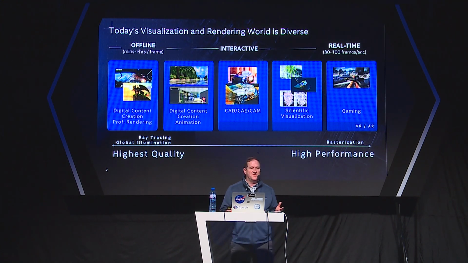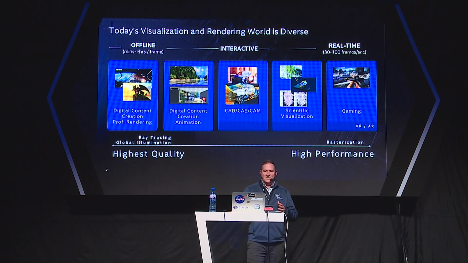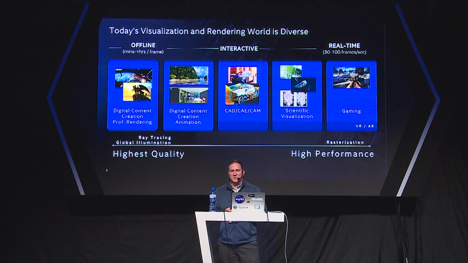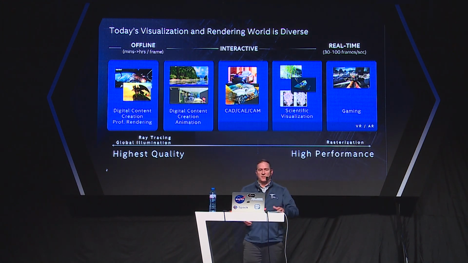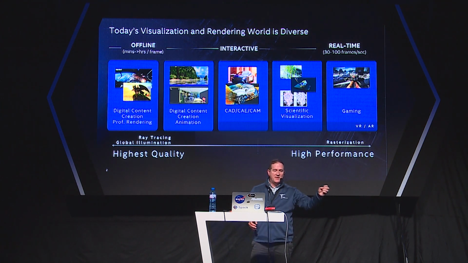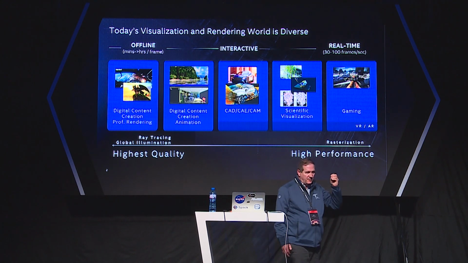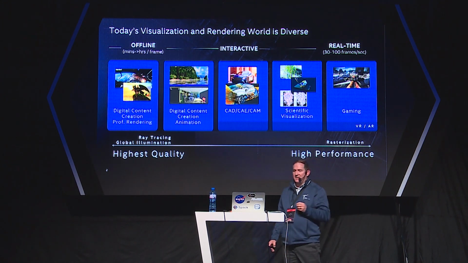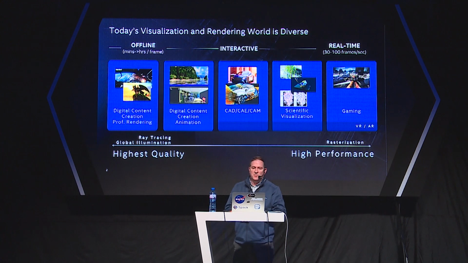So today's visualization and rendering world, as many of the speakers here have talked about, goes everything from the highest quality offline rendering. That's typically where people's heads go when they think about Embree and CPU-based rendering.